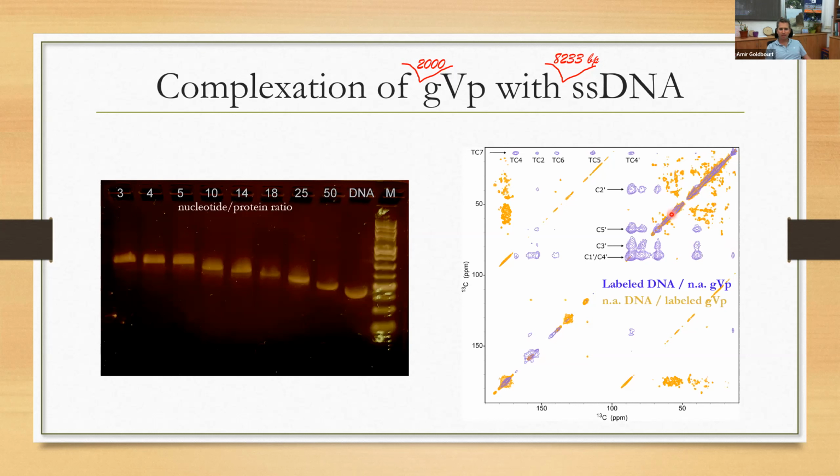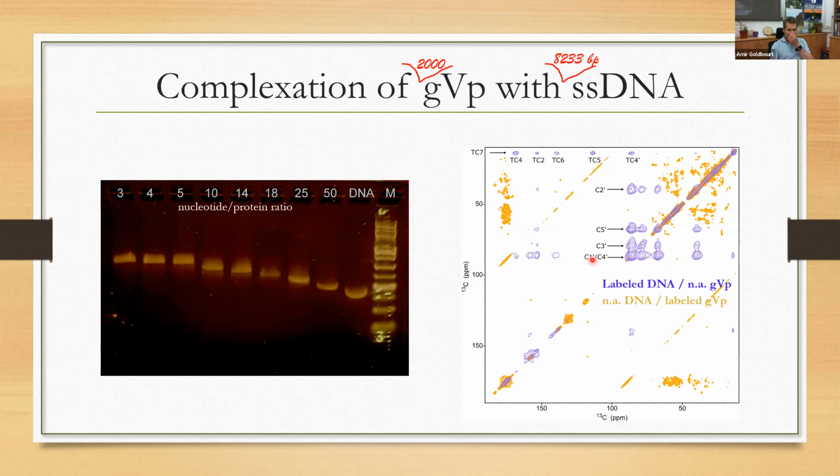But you see that these signals sit exactly where we have the diagonal signals in the non-labeled sample. So these things together tell us that we have a very nicely ordered complex of this gene 5 with the DNA, with the right amount of protein to DNA binding.